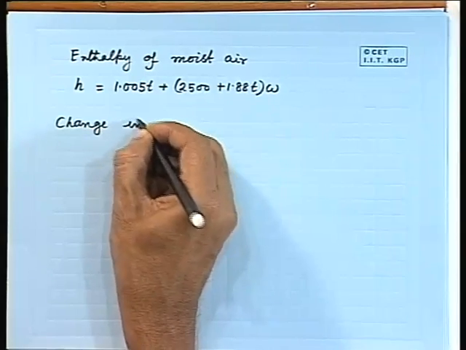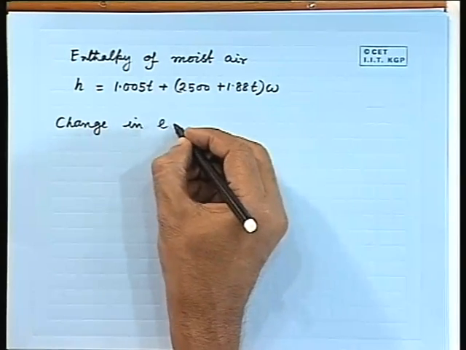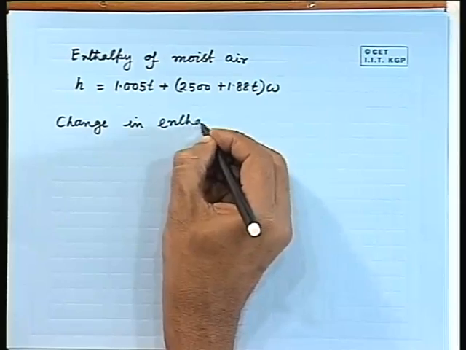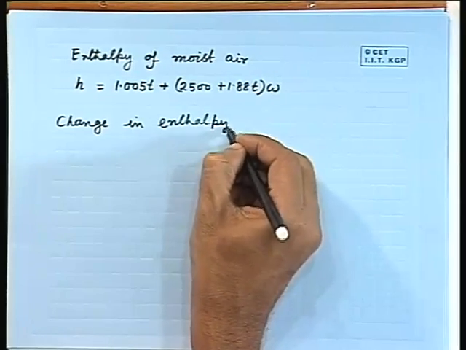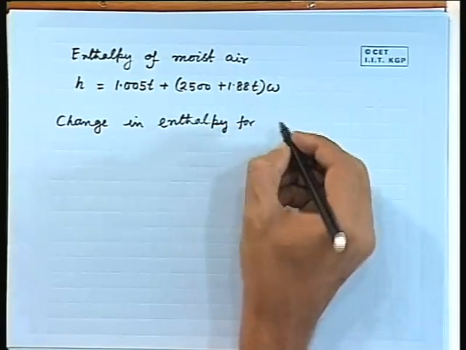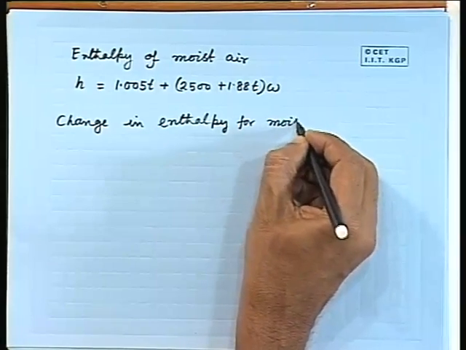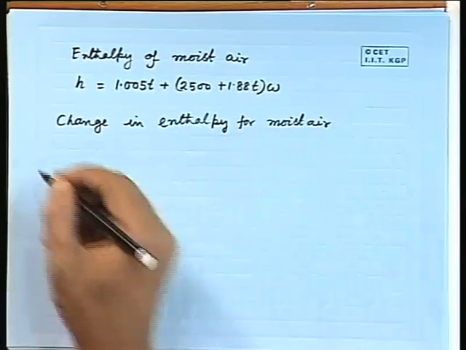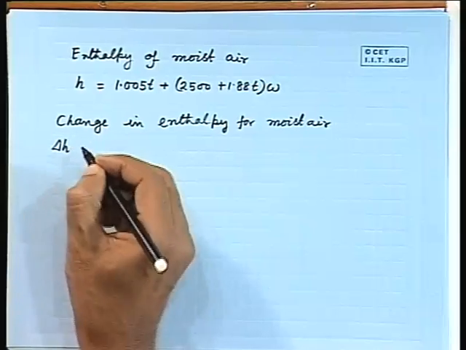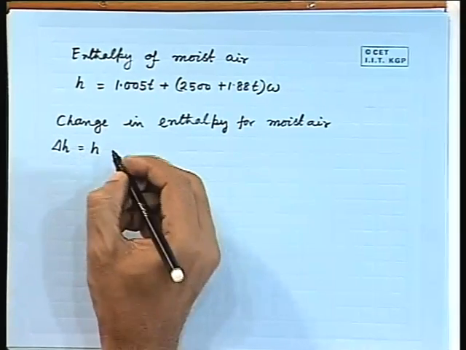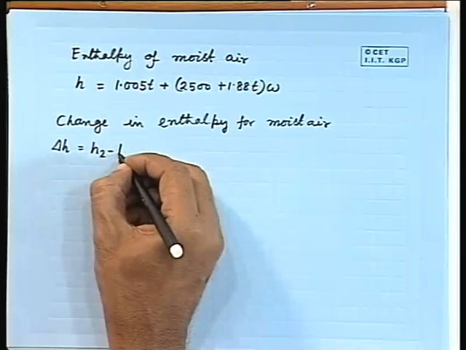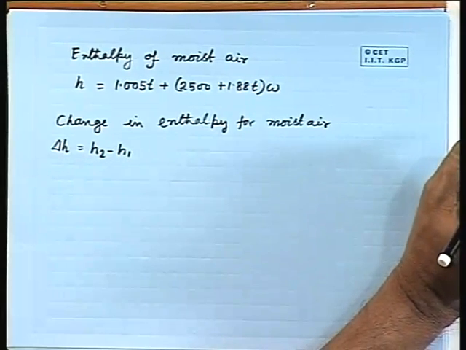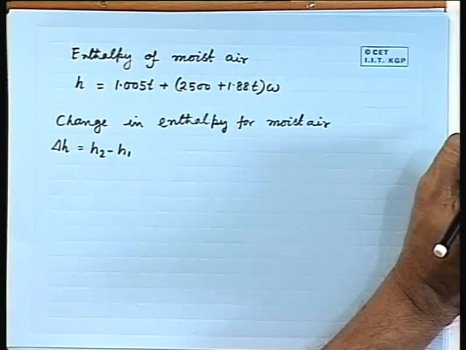Change in enthalpy for moist air, delta H, that is equal to H2 minus H1. All right.